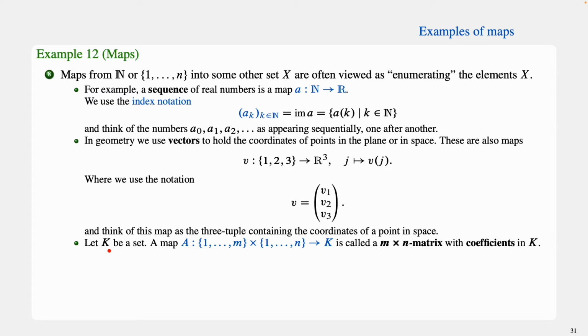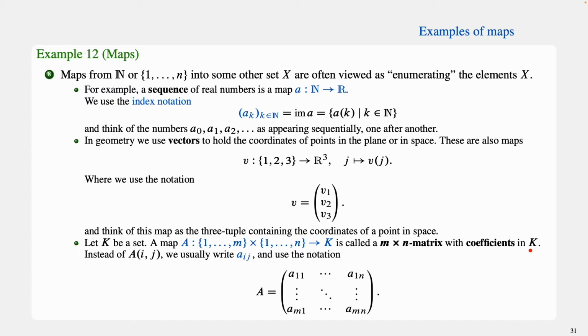Now let K be any set, and a map from the Cartesian product of the set of the numbers from 1 to m with the set of the numbers from 1 to n into K is called an m by n matrix with coefficients in the set K. And usually we write it in such a rectangular scheme.